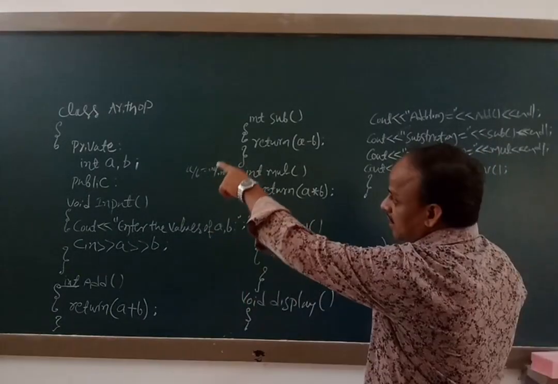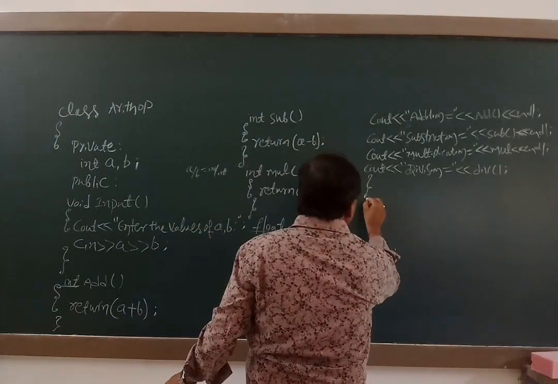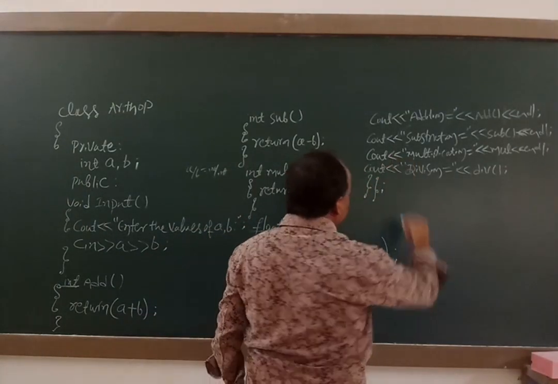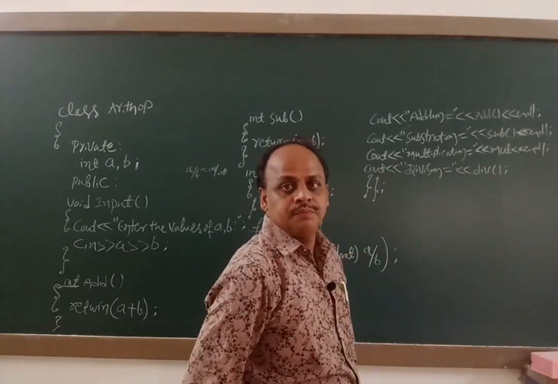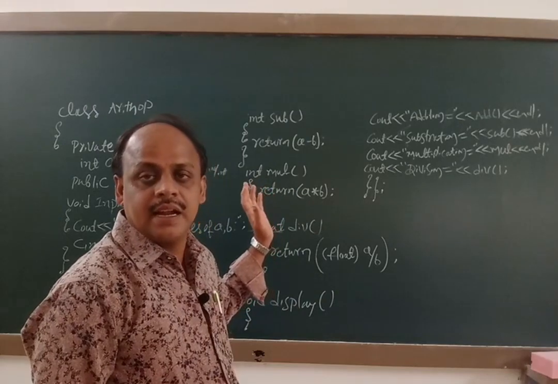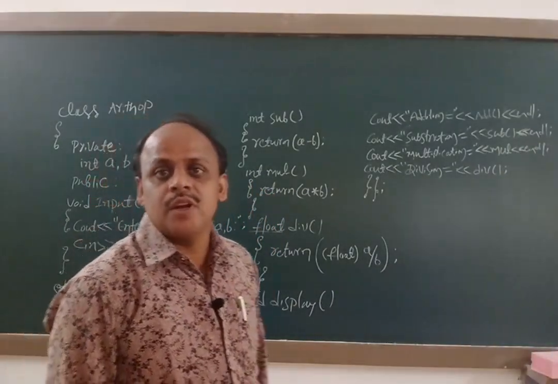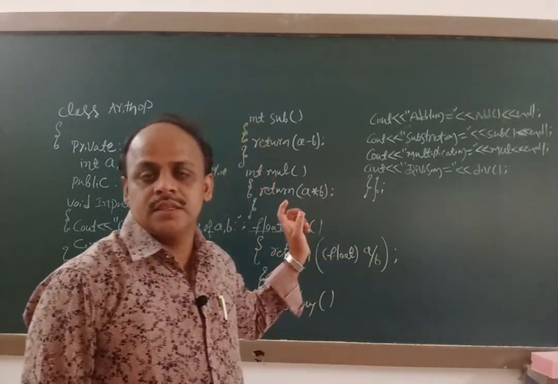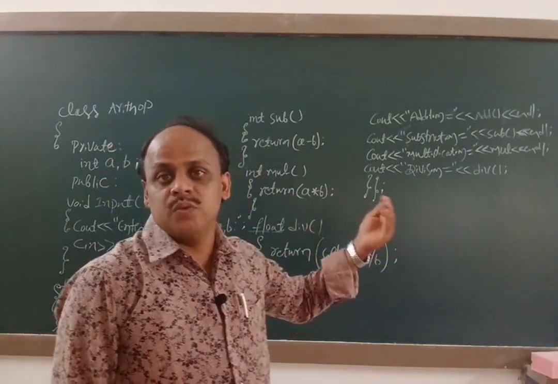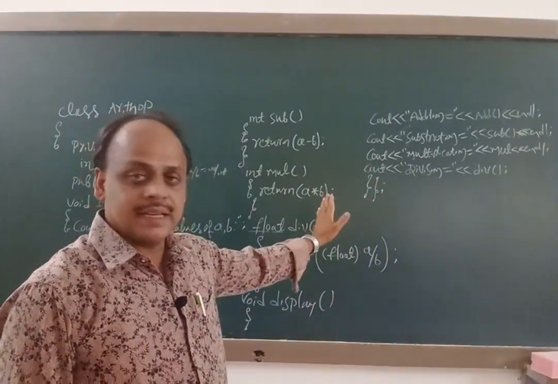Therefore the class is opened, we have to close the class by putting a semicolon. Now what has happened? We declared a class called ARITHOP, that is for arithmetical operations. In the class we declared a data member as well as member functions with the code. Now close the class.